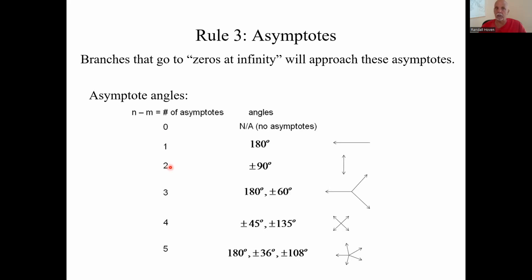We have 3 minus 1, that's 2. It'll be plus and minus 90, straight up and straight down. Where's the center go? We'll get to that next. And then these are the formulas for higher numbers of n minus m, where you have even more poles than zeros. Keep going kind of even angles around. The center will always be on the real line. In this case, it doesn't quite matter. There's going to be a center, but we're going to find out where it is on the real line.